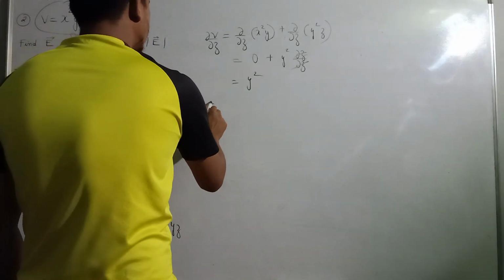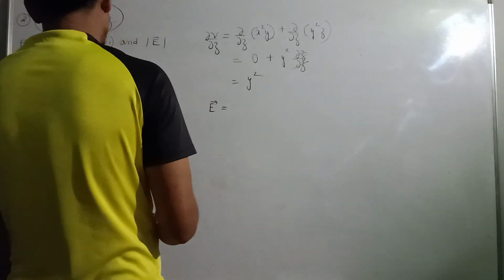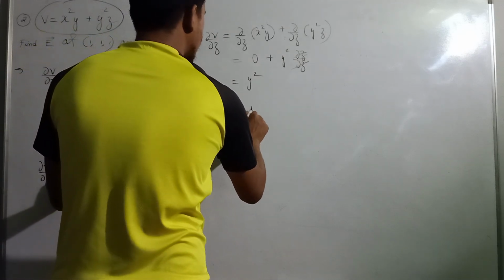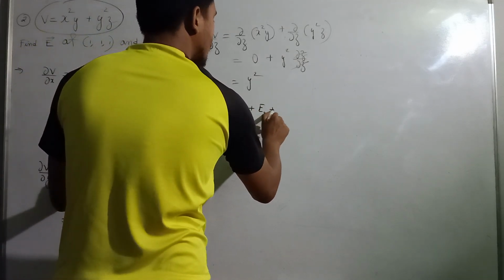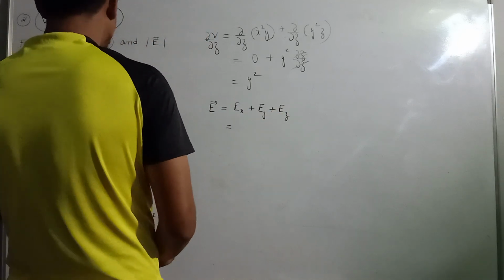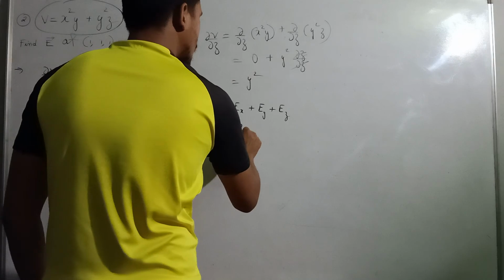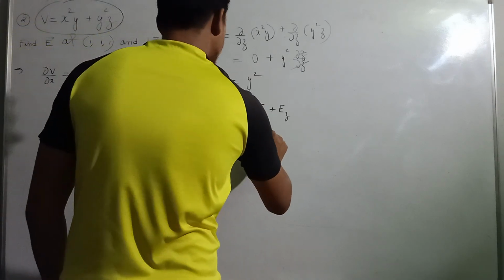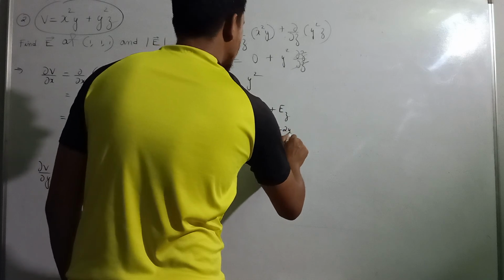So your electric field will be Ex plus Ey plus Ez, correct? Ex means del V by del x, which is 2xy. Ey means del V by del y, which is x square plus 2yz.